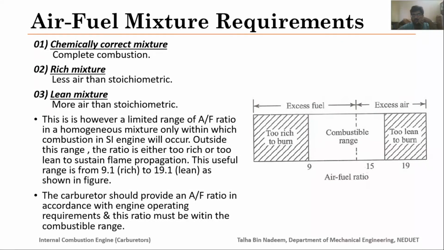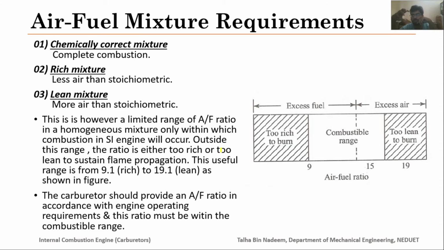Alright, next we have some different types of air fuel mixture. We can have three types: first one is the chemically correct mixture, second one is the rich mixture, and the third one is the lean mixture. The chemically correct mixtures are those in which you have provided the actual amount of air which was required for proper combustion.